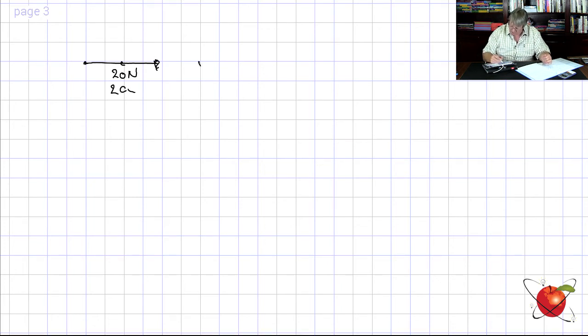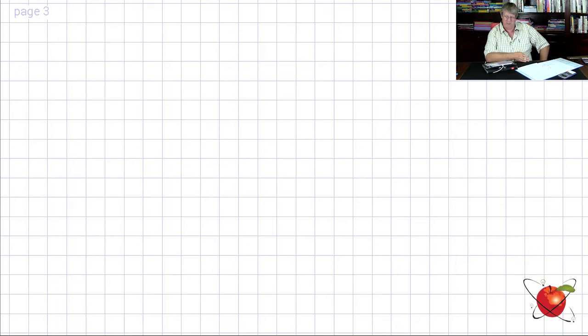Then I'm going to go 1, 2, 3. And you're going to see in a few minutes, I'm going to run out of space. I have started too far to that side. So what do I have to do? Unfortunately, I've got to restart or just join an extra piece of paper onto it. So let's just start in the middle here. Let's put in our first vector, 20 newtons, 2 centimeters that way.